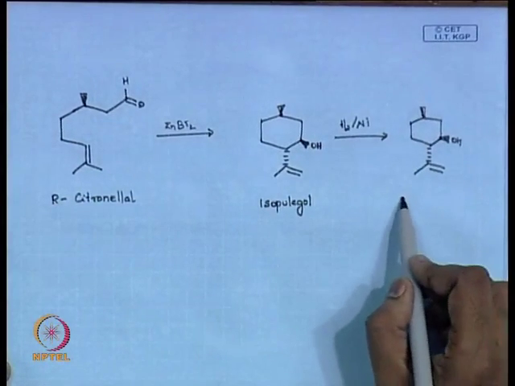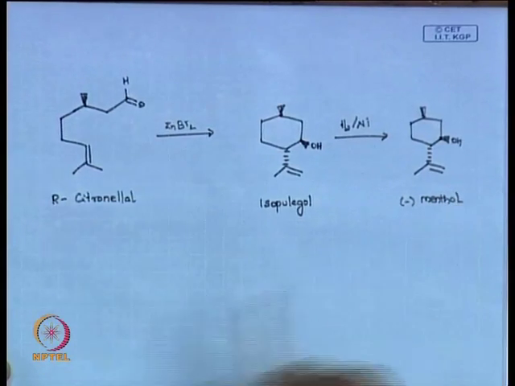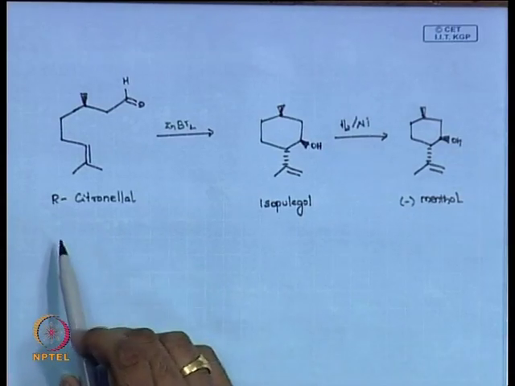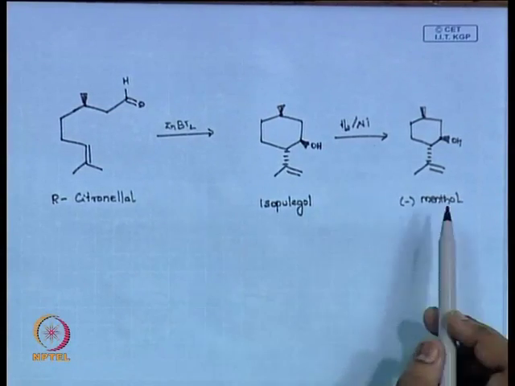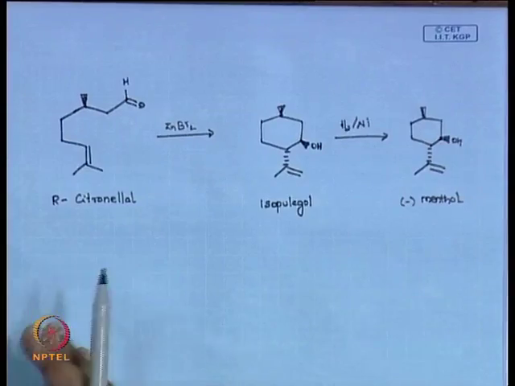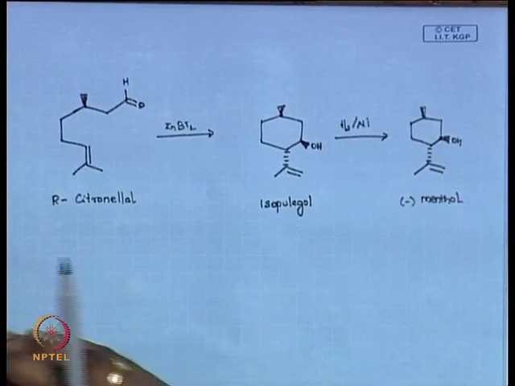You end up with your menthol. Very good synthesis, because you take your citronellal, do an ene reaction to isopulegol, and then reduce it, you end up with menthol, and in this reaction the stereochemistry is properly preserved. We will see how this reaction works, how the stereochemistry is maintained nicely.